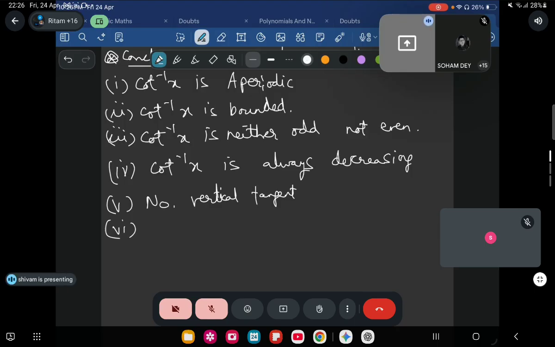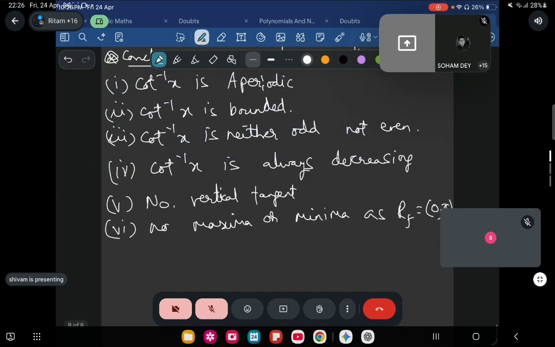No maxima or minima, as the range is open interval, open 0 to pi.